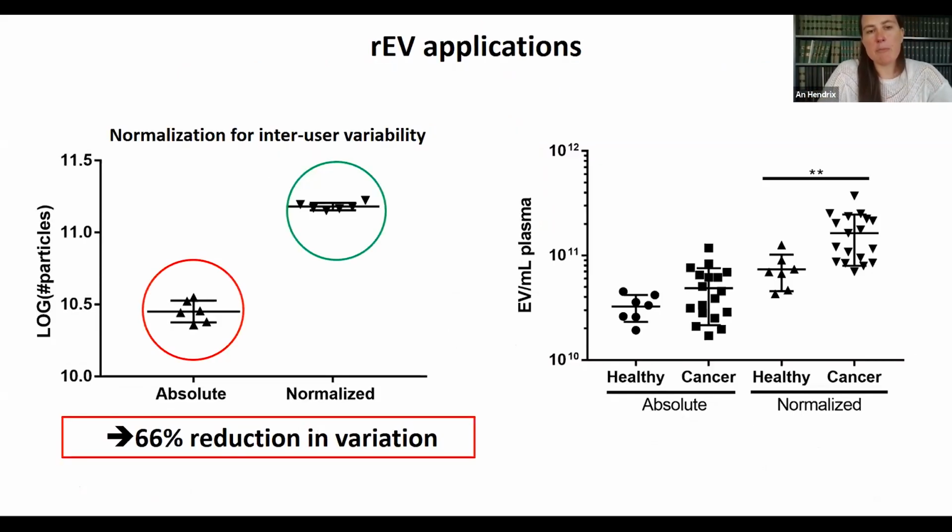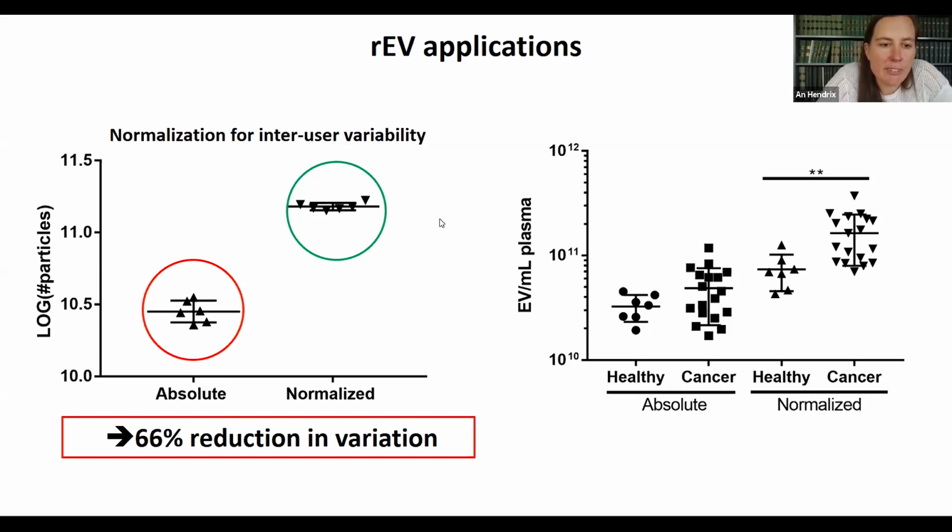So what is then the applicability of those recombinant extracellular vesicles in the EV research field? Of course, it's multiple-fold, but here I focus on two examples. So first of all, if you spike those recombinant extracellular vesicles in your biofluid before you do any preparation step, you are able to mitigate for inter-user variability.